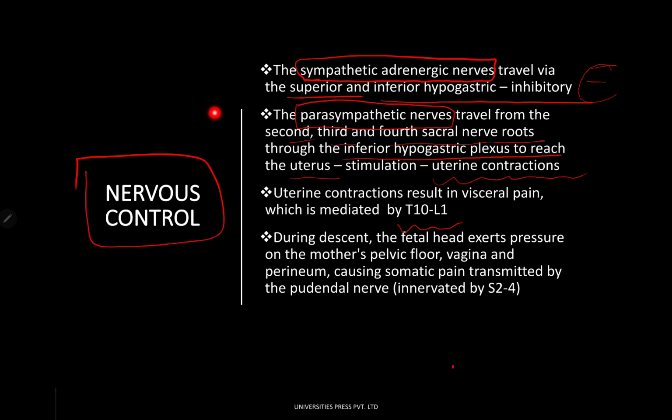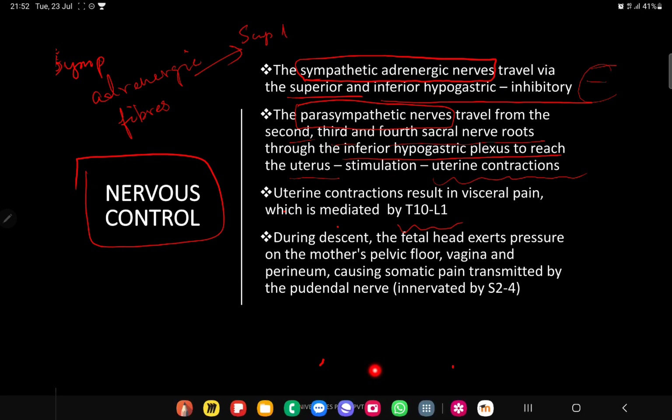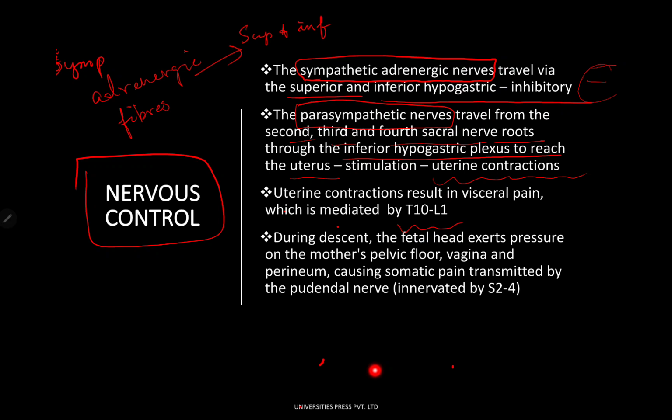So just remember, nervous control is just going to be sympathetic adrenergic fibers. And what fibers? Superior and inferior hypogastric.